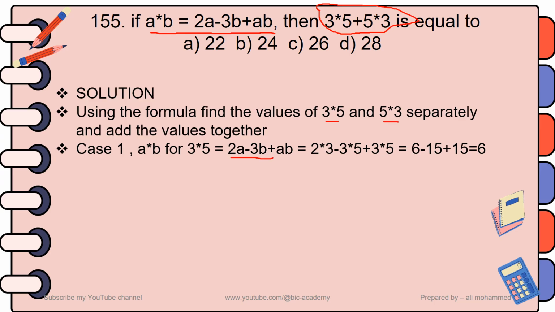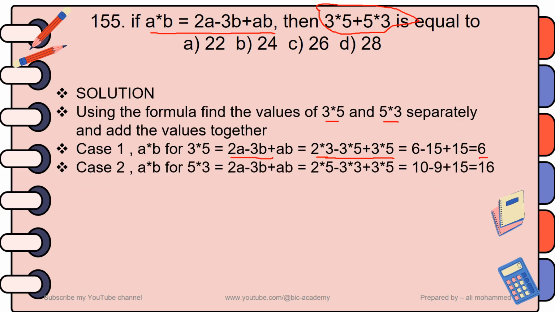That means you have to substitute 3 in place of a and 5 in place of b. Then you get 2 times by 3 minus 3 times by 5 plus 3 times by 5. Then it is equal to 6 minus 15 plus 15, which is equal to 6.